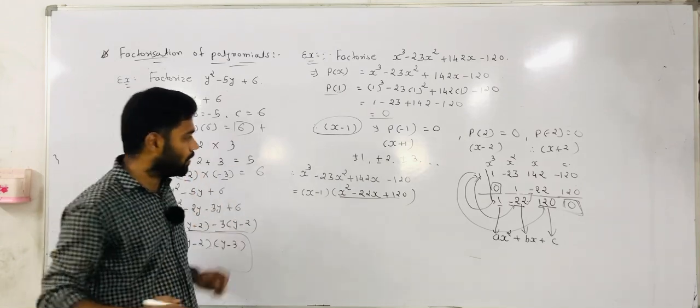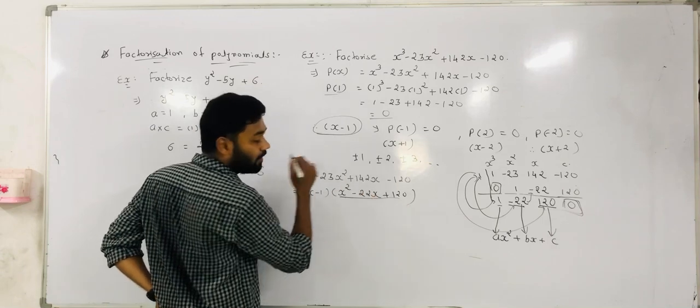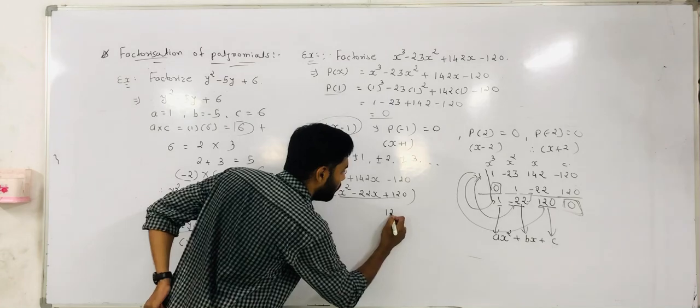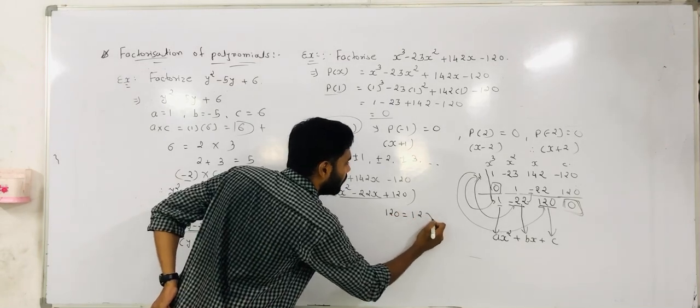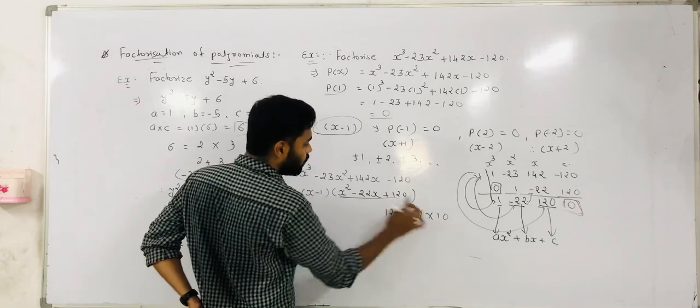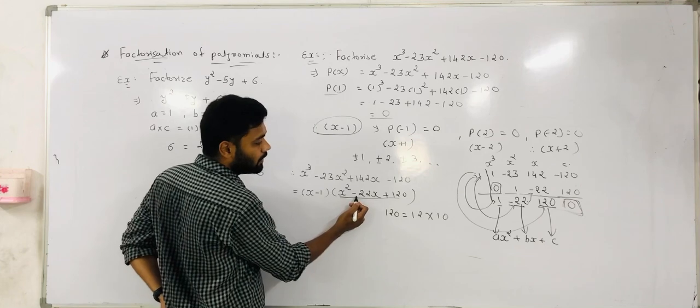Factorize this polynomial. तो 120 के फैक्टर फाइंड करना है, और मिडिल टर्म को स्प्लिट करके क्या लेना है? 22. तो we know that 120 equal to what? 12 into 10. So addition of these two is 22, but in this case middle term is minus.